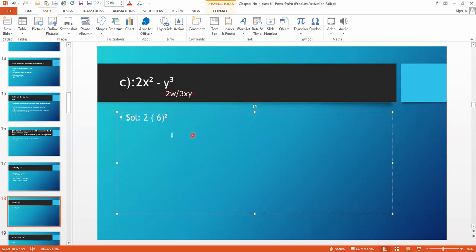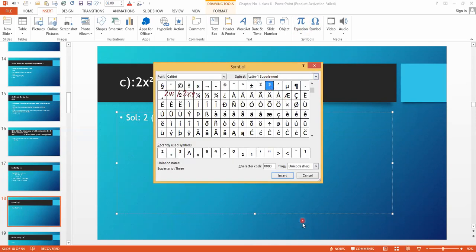Look here, 6 square minus y. What is the value of y? It is minus 4, I think so. You remember this value, so there is no need to look back. And we have to take its cube. So I have to put the sign of a cube.